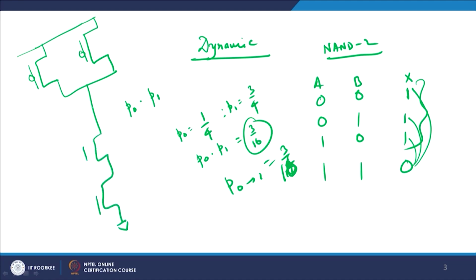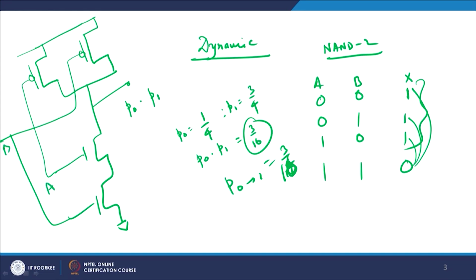This is A and let us suppose this is B, and this is my VDD. So, when the input is 0 0 the output is 1, 0 1 the output is 1, 1 0 the output is 1, and 1 1 the output is 0, right, and I get a NAND 2 logic here. So, the probability is 3 by 16 here, what is alpha?